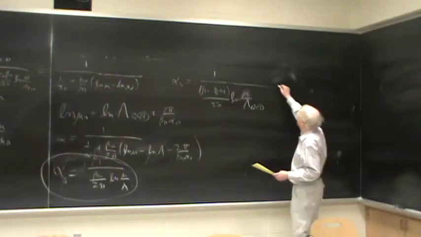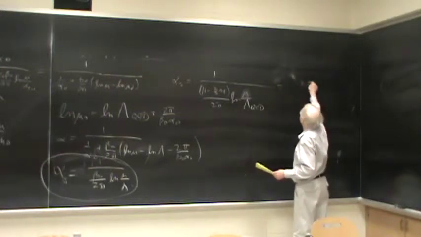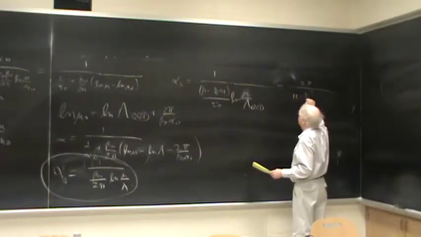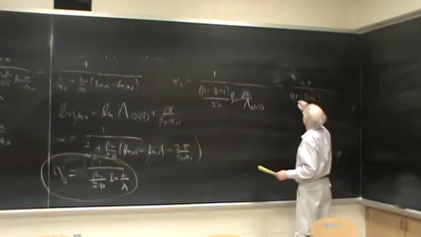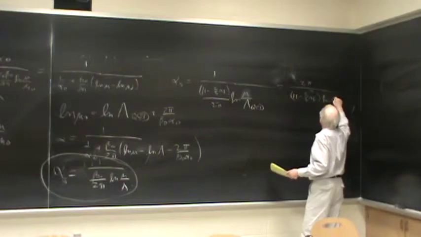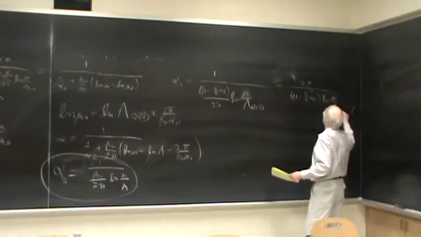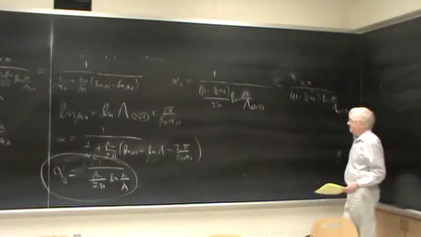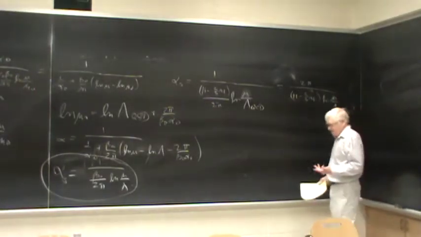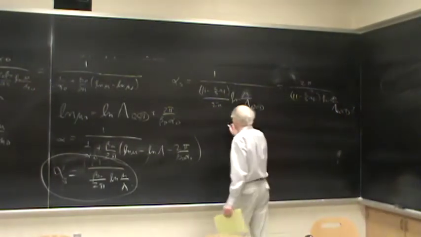I suppose the nicer way to write this is 2 pi over 11 minus 2/3 the number of fermions, log mu over lambda QCD. So that's a nice way of writing it. So this is asymptotic freedom.